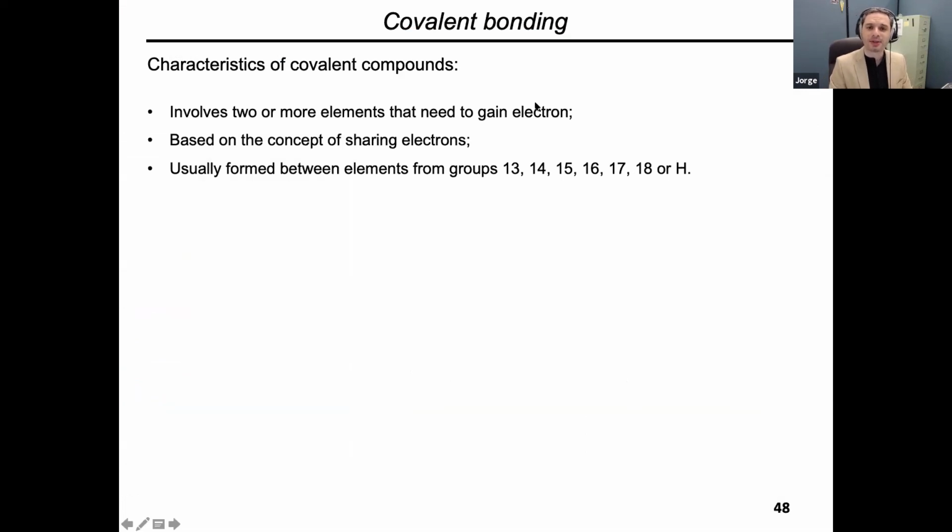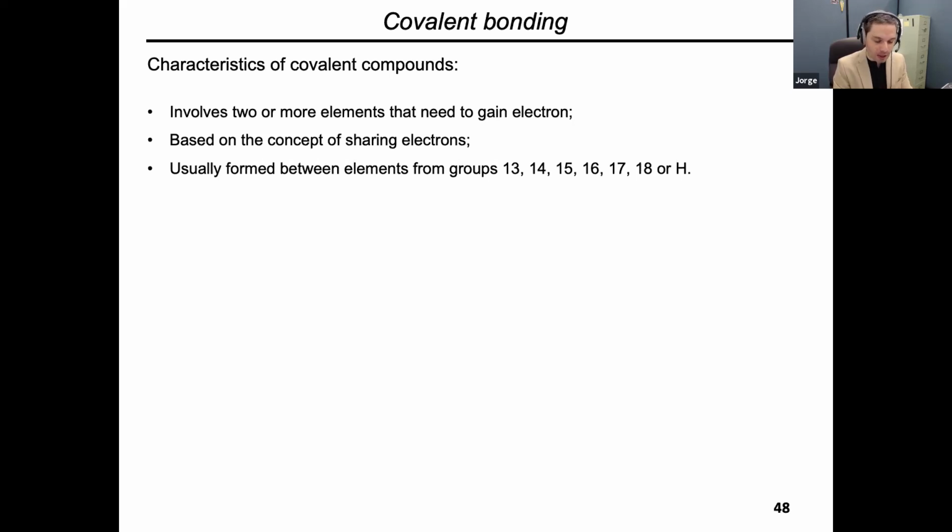The next class of compounds that I would like to show you are the covalent compounds, which are also called molecular compounds. For the covalent compounds, you are going to combine two or more elements that need to gain electrons.